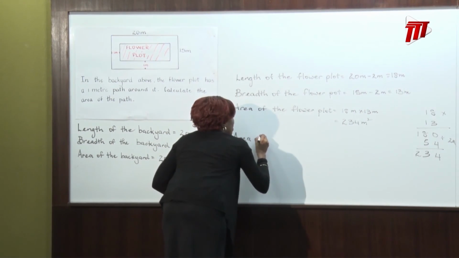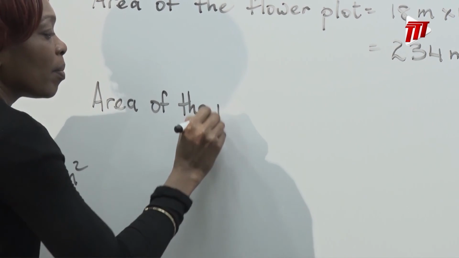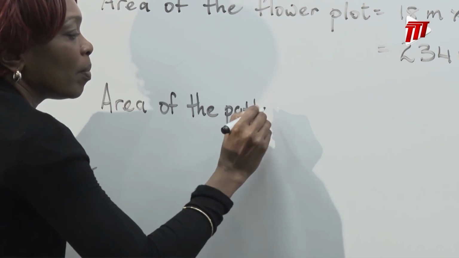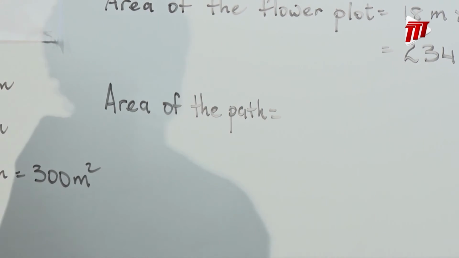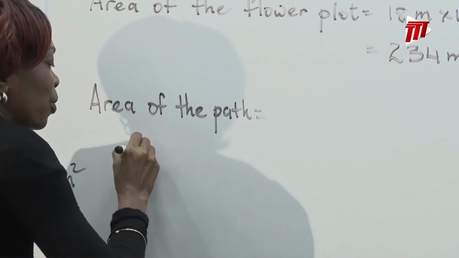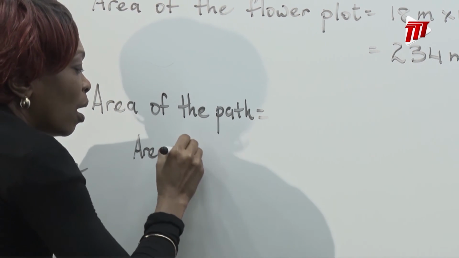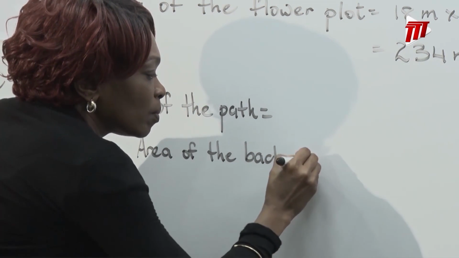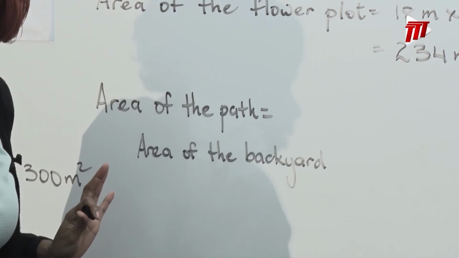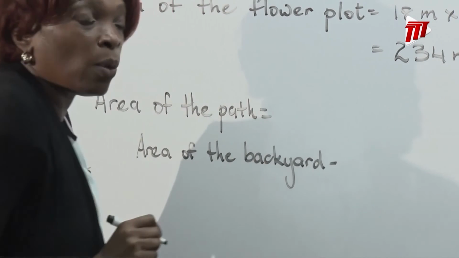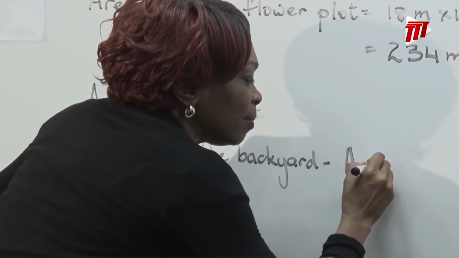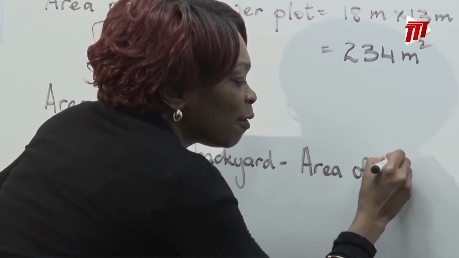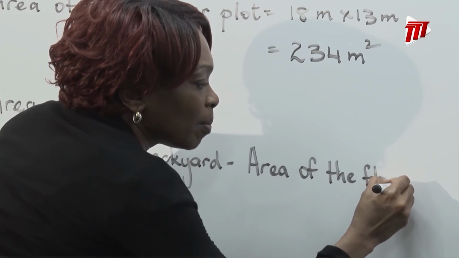So the area of the path is what? We are going to say the area of the backyard. Stay with me. Are you with me? Wonderful. Take away the area of the flower plot.